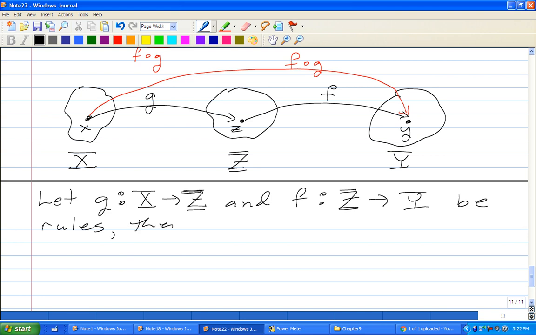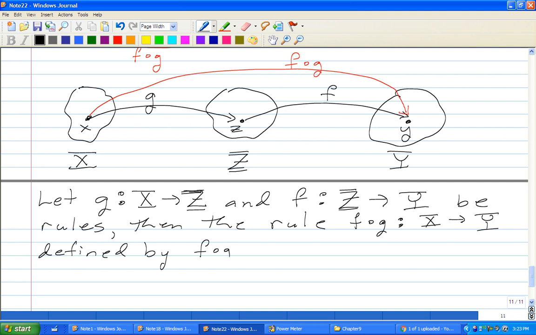Then the rule f composed with g, which maps X to Y, is defined by f composed with g at x is equal to f evaluated at g of x.